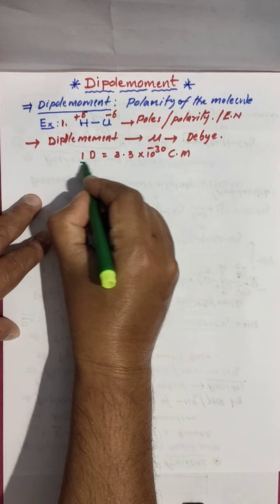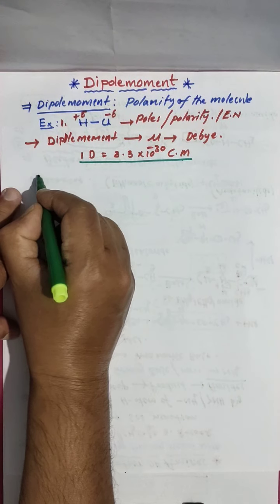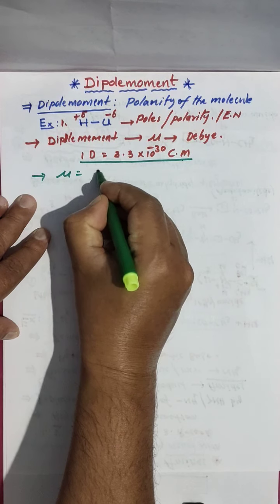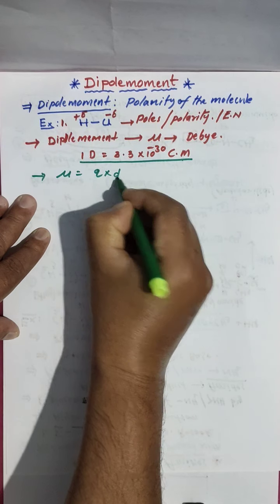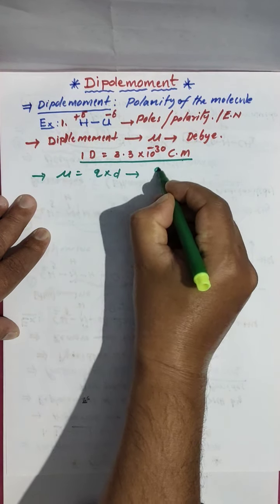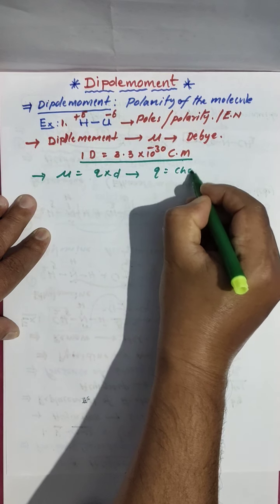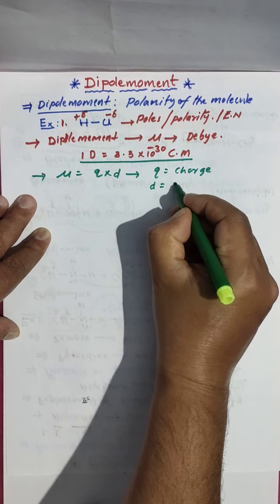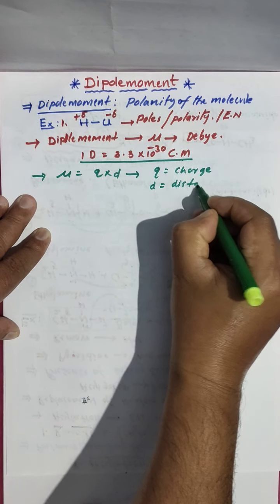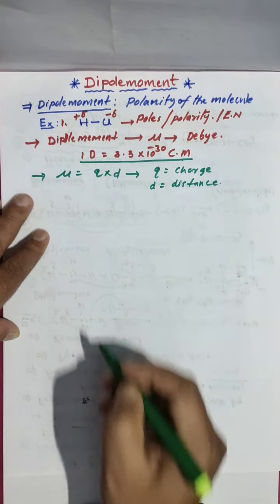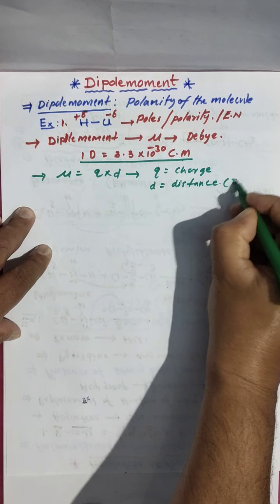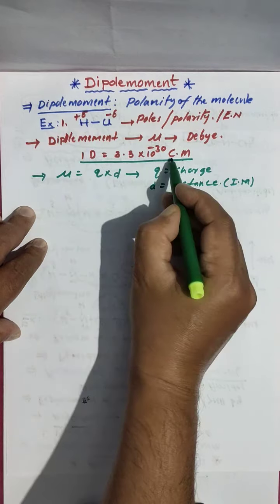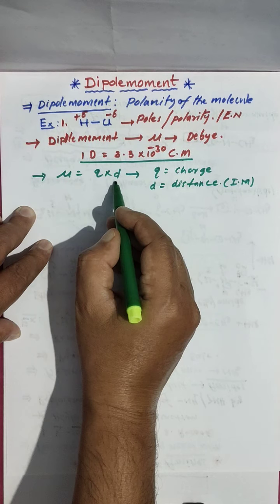How did we get this unit? Dipole moment mu equals Q into D, where Q is the charge on the atom, and D is the distance between the two atoms, the intermolecular distance.